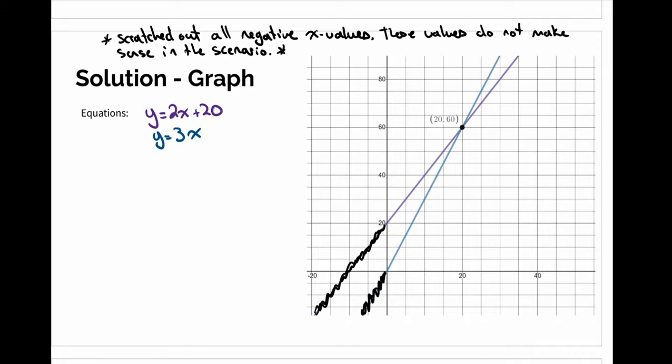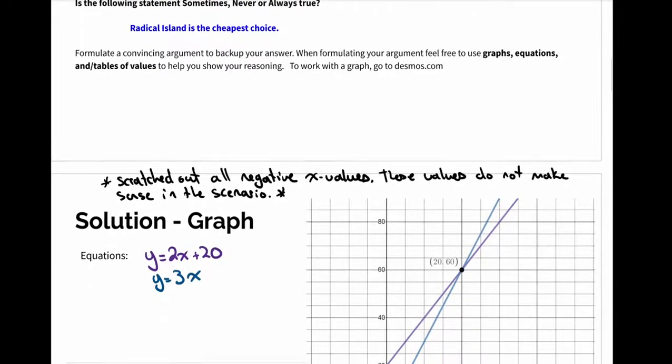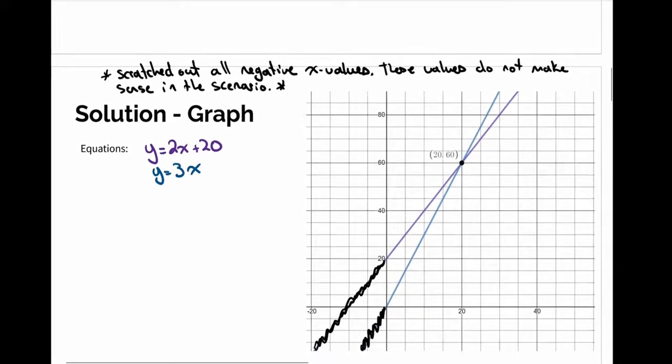So again, the solution for this was which statement is sometimes, always, or never true, and that is that Radical Island is the cheapest choice. So looking at this, actually this is Ri, this is MW.